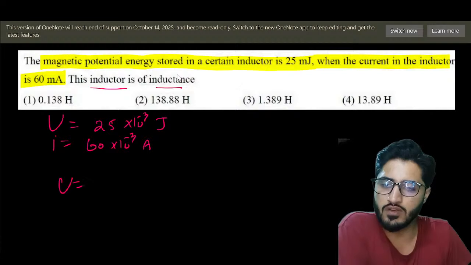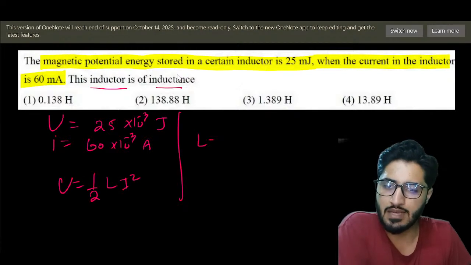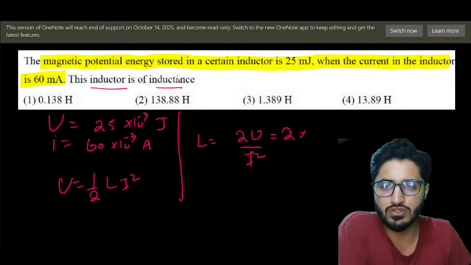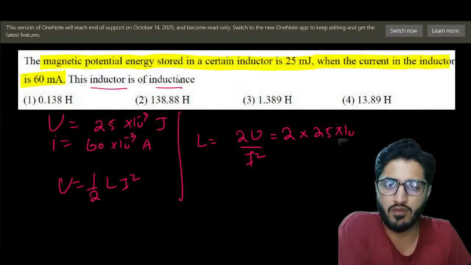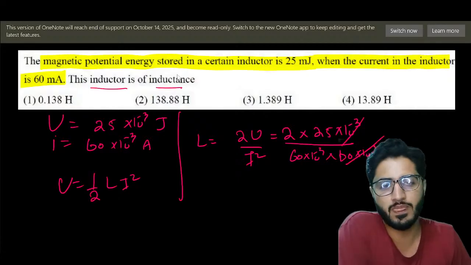U equals 1 by 2 Li square, so L comes out to be 2U divided by I square. What is U? U is 25 times 10 to the power minus 3. I is 60 times 10 to the power minus 3, and the 10 to the power minus 3 cancels out.